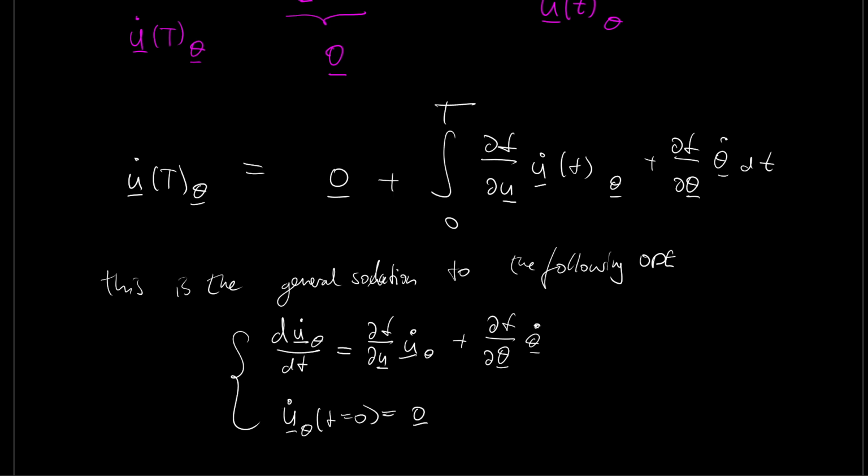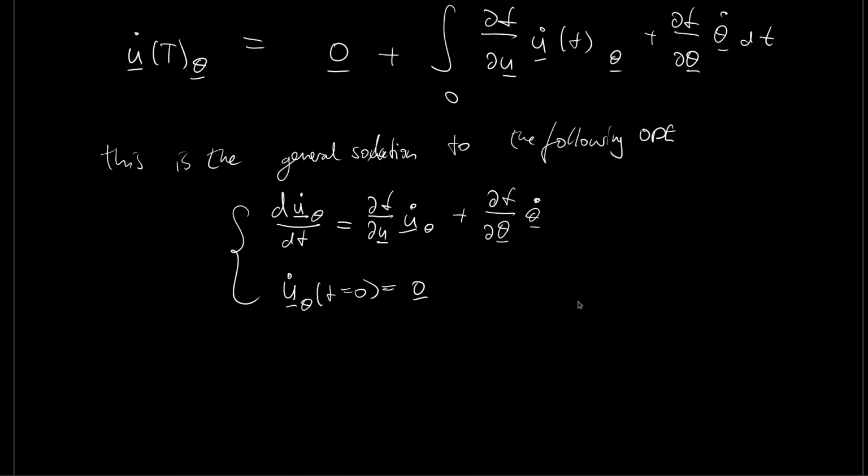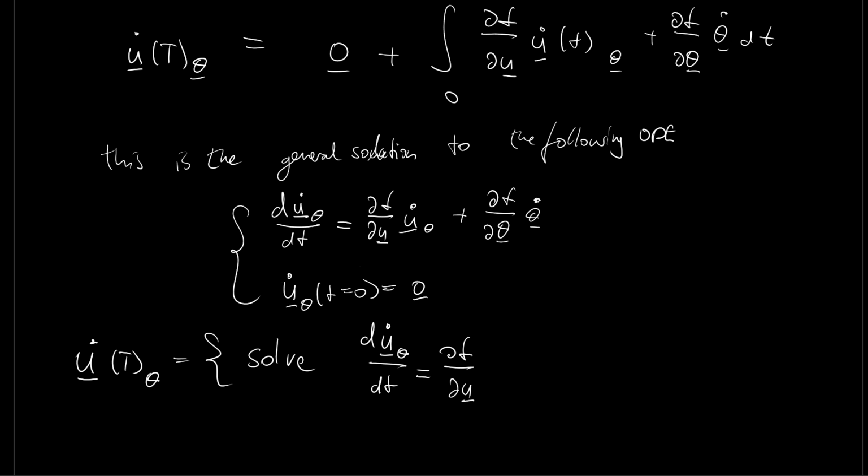Let us try to write that down in the same format as we had it for the primal problem, where we said that the solution is given verbally as this implicit problem through the ODE integration. So we can say that the u tangent contribution from theta at point t is given as the solution to the ODE: d u theta dot with respect to t is the Jacobian of the right-hand side with respect to u multiplied with u theta dot, plus the Jacobian of the right-hand side with respect to theta multiplied with theta dot.